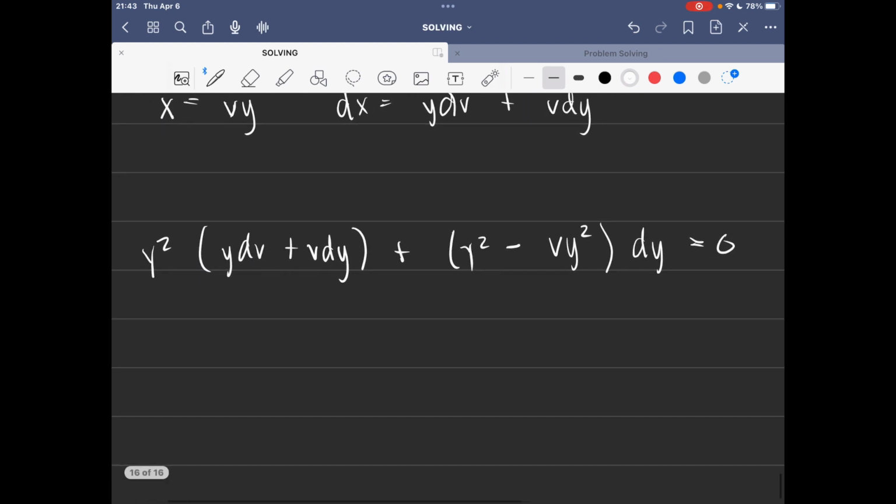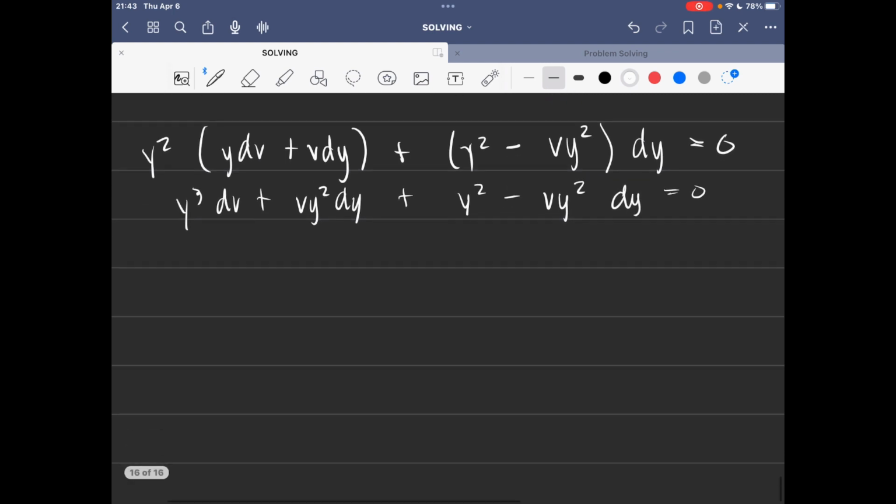After that, we are going to distribute y squared, so we will get y cubed dv plus vy squared dy plus y squared minus vy squared dy is equal to 0.